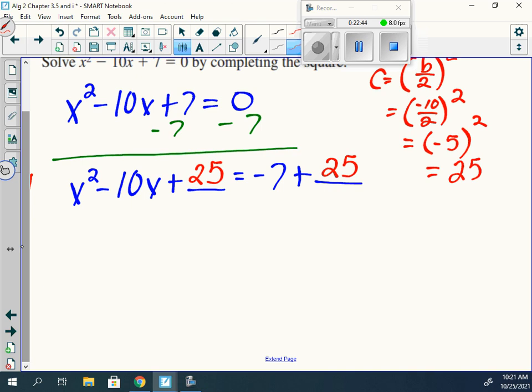Now, over here, x squared minus 10x plus 25, we know that we've created a perfect square trinomial. So I can rewrite this as a set of parentheses squared. Well, it's going to be x what?